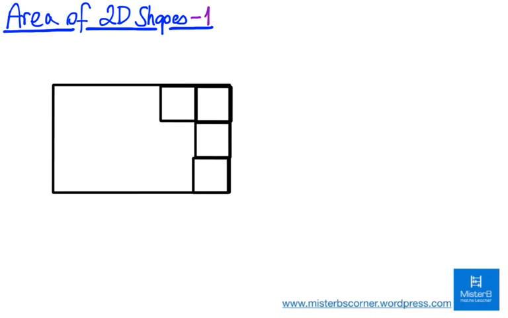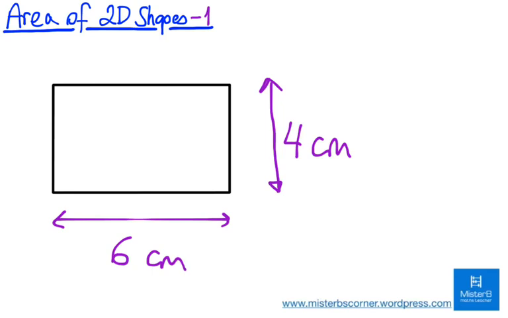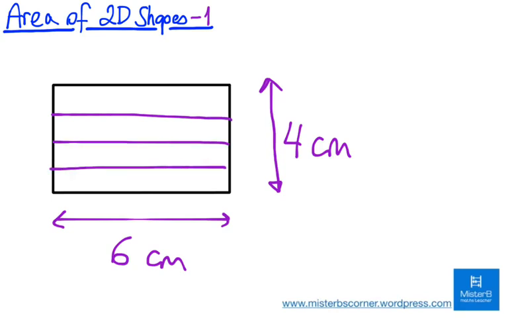So basically, what we do is we measure the side lengths, because then we can find the number of unit squares to fit in. So let's say this length is 4 centimeters, and this length is 6 centimeters. So we're going to have 4 lines drawn in here, and then 6 lines drawn in here.